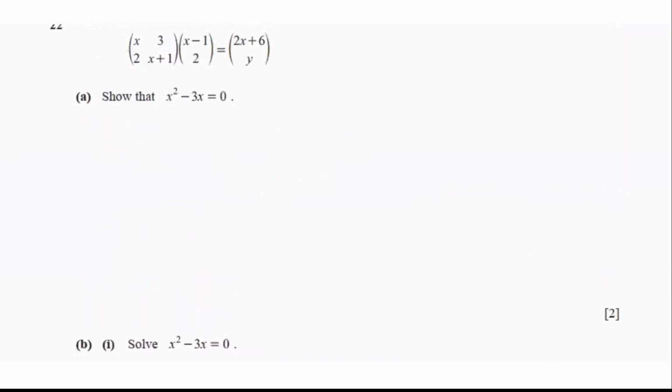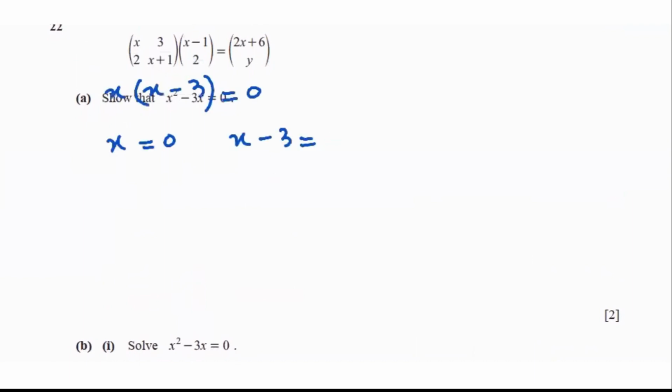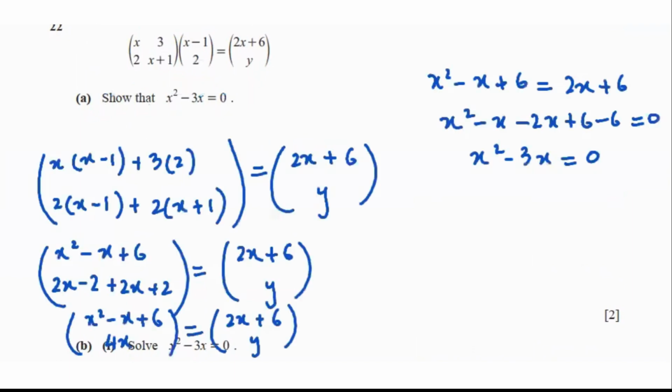If we go back to our equation, 4x equals y. So we had 4x equals y, and you put the y values equal to each other. So 4 times 3, that's 12. So y is 12.